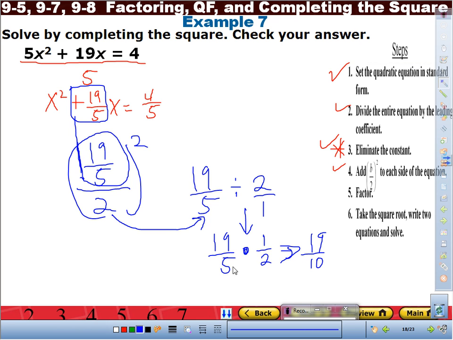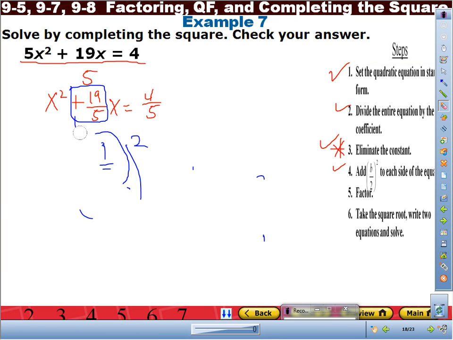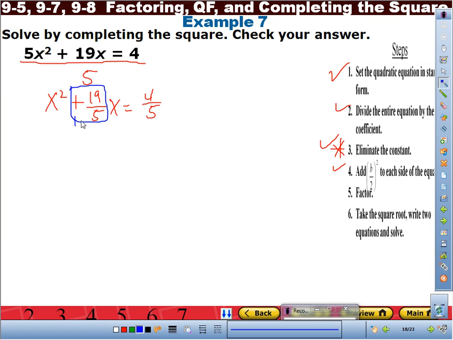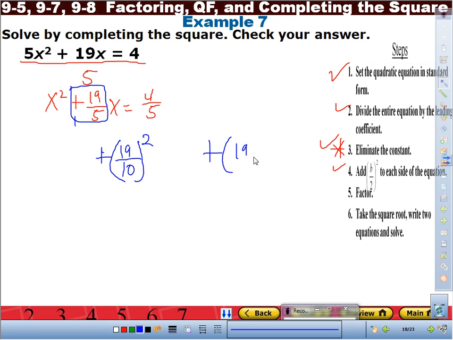So with that said, can I erase this now? Yes. So now that we know where that came from, let's add b over 2 squared to each side. So I'm going to add 19 over 10, and that one is squared to each side. Now does everybody know where that came from?